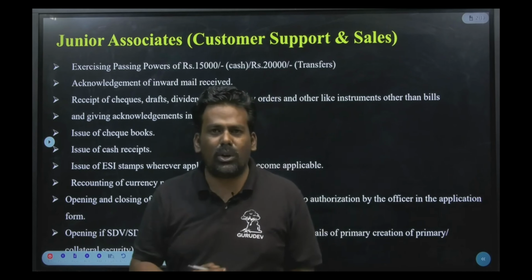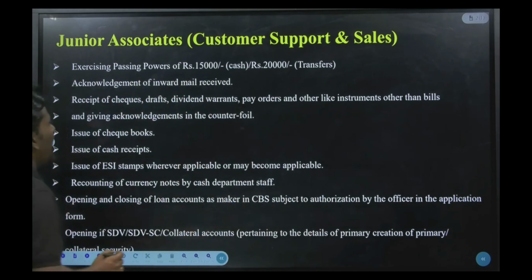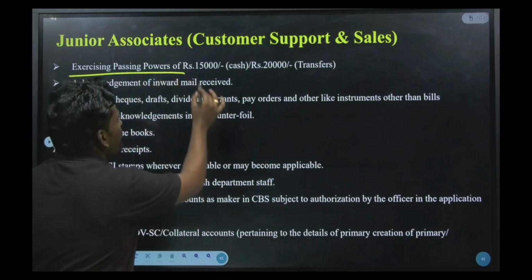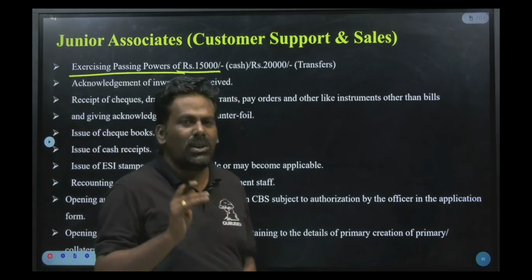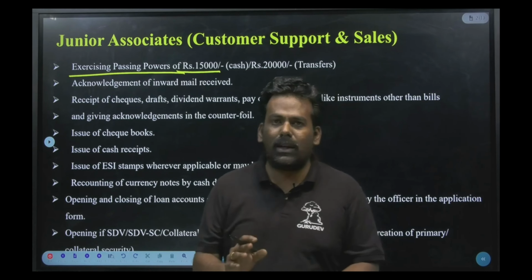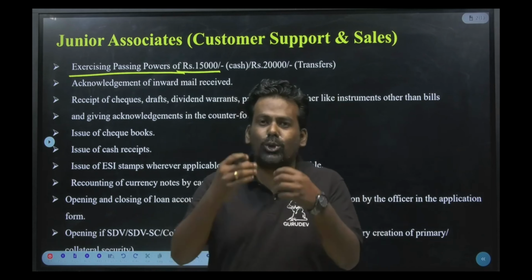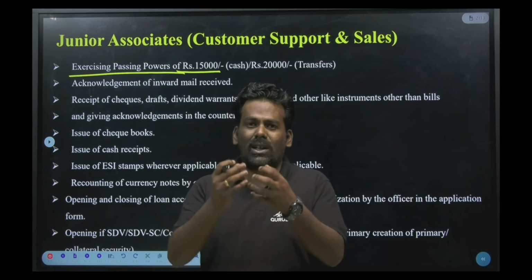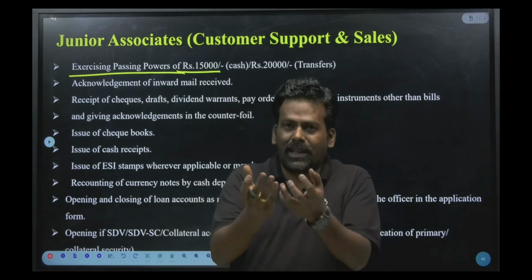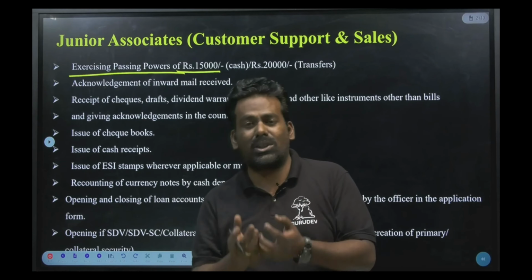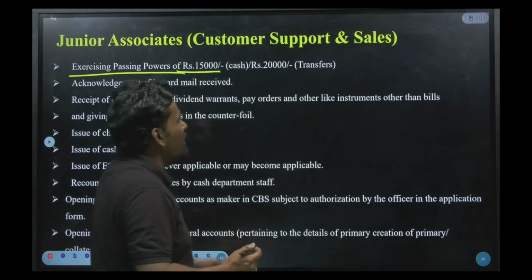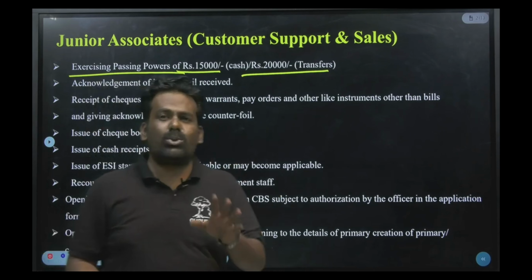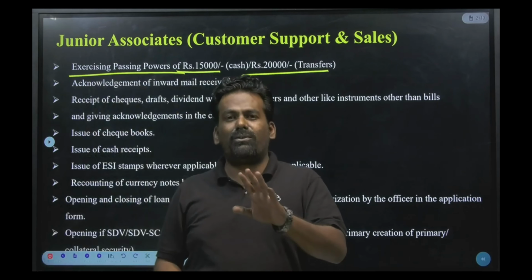Along with that, you will have important duties like exercising the passing powers of rupees 15,000. A junior associate will be able to give withdrawals up to rupees 15,000 in cash. He will be capable of accepting deposits up to rupees 15,000 in cash. At the same time, he will be able to transfer funds up to rupees 20,000 in the form of NEFT and all.